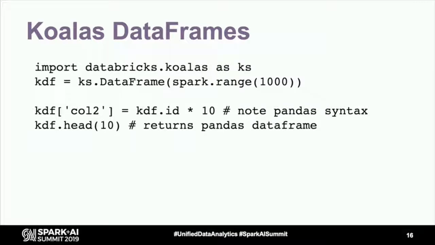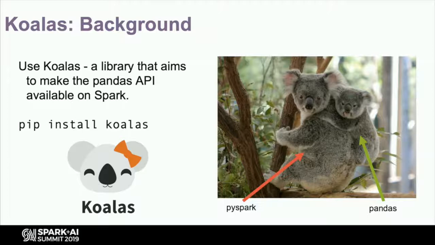So Koalas basically seeks to imitate the Pandas semantics and put it on top of Spark. And that's really all that it is. There's not really much else to Koalas. Along those same lines, it can make things simpler if you're used to working with Pandas, but if you're not, then you're not going to really get anything out of it.